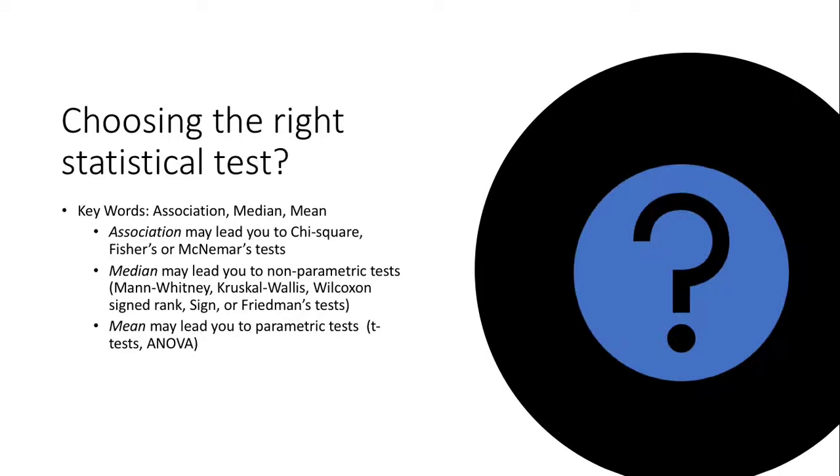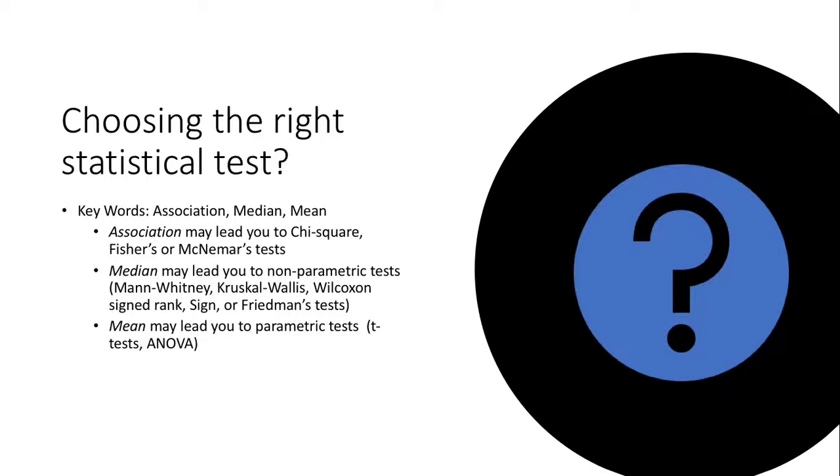So how do you choose the right statistical test? We've got to look for those keywords. Are you looking at associations? Are they looking at median values? Are they looking at mean values? If you see the term association, this will sometimes lead you to test what we call chi-square, Fisher's exact tests, or a McNemar's test.